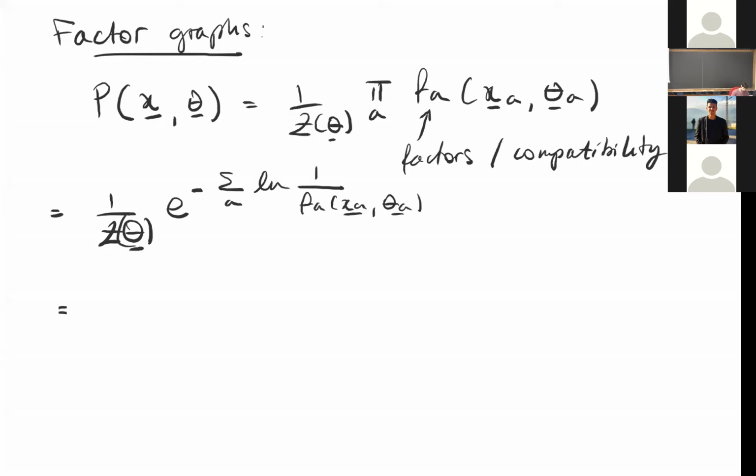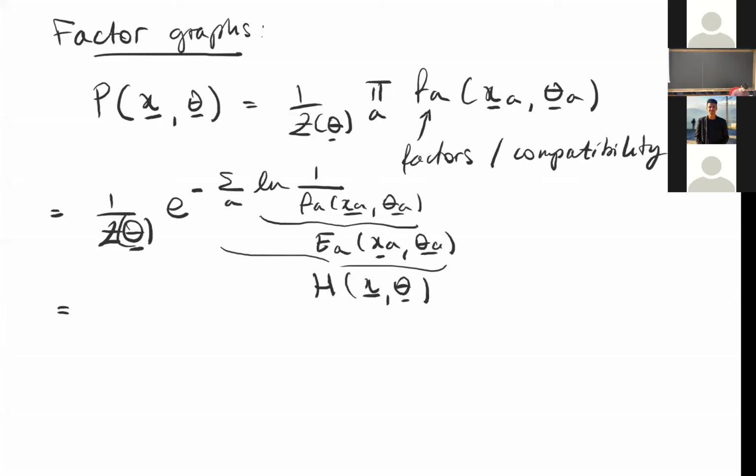If I want to make things even more clear, I can call this inverse log the energy of the a-th energy term. And this sum here defines a Hamiltonian.